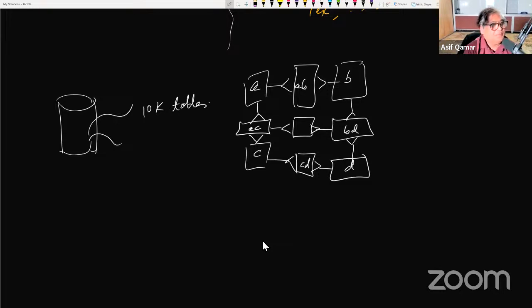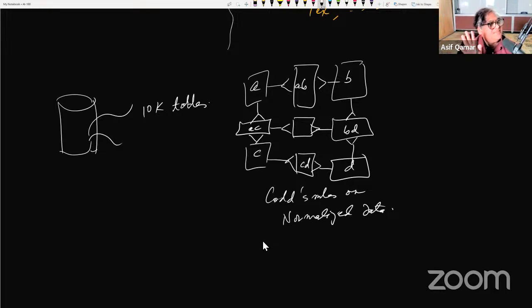Tables mushroom. You keep it because you want to follow Codd's rules on normal forms, normalized data. You do that. Let's talk relational databases. Does this all look very familiar territory, guys?